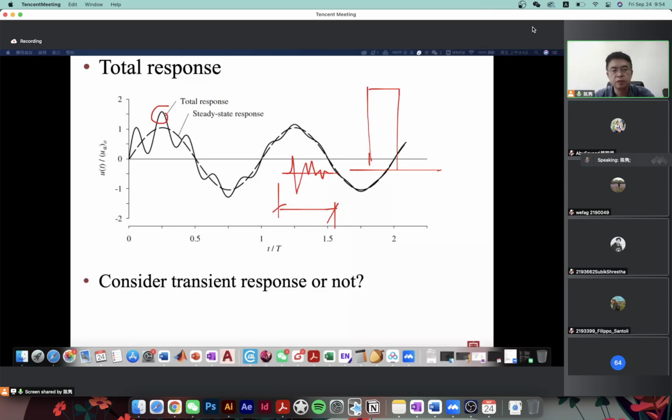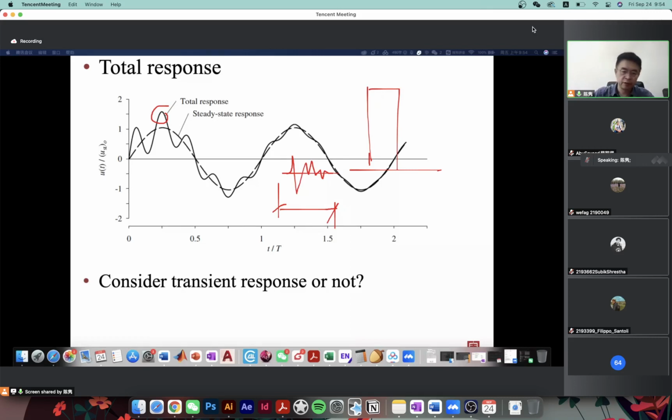And why do many textbooks always say we only consider the steady state response? One reason is that, historically, structural dynamics has its source in mechanical engineering.